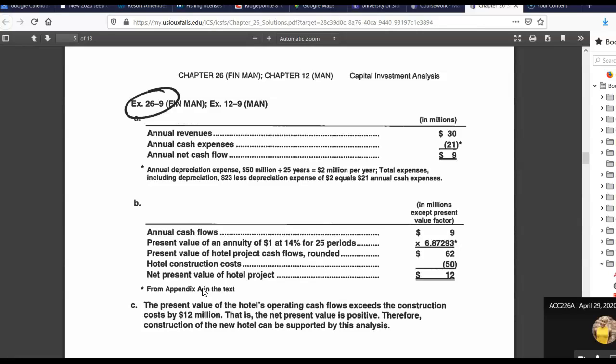So A2 and A3, that's the present value of a lump sum. A4 and 5 is the annuity. And if you looked at the annuity, is where you would get the factor of 6.87293. Looking down the 14% column, all the way down to 25 years, 25 periods, 6.87293.